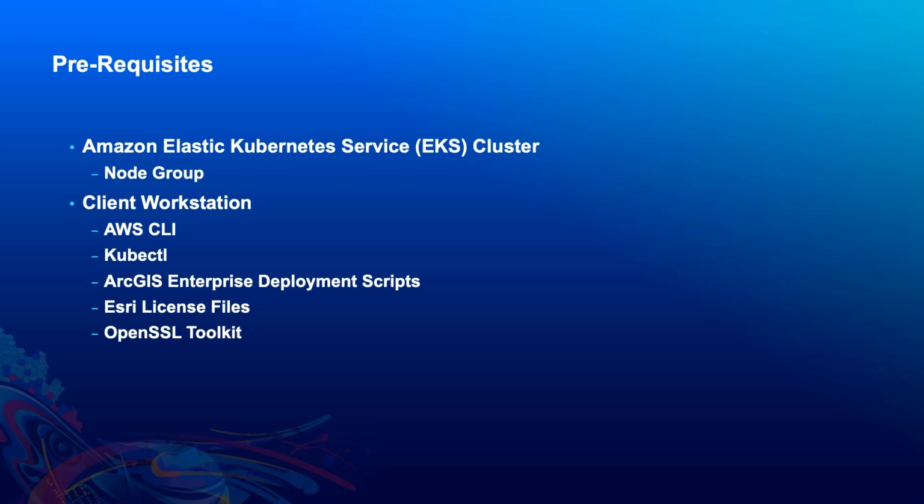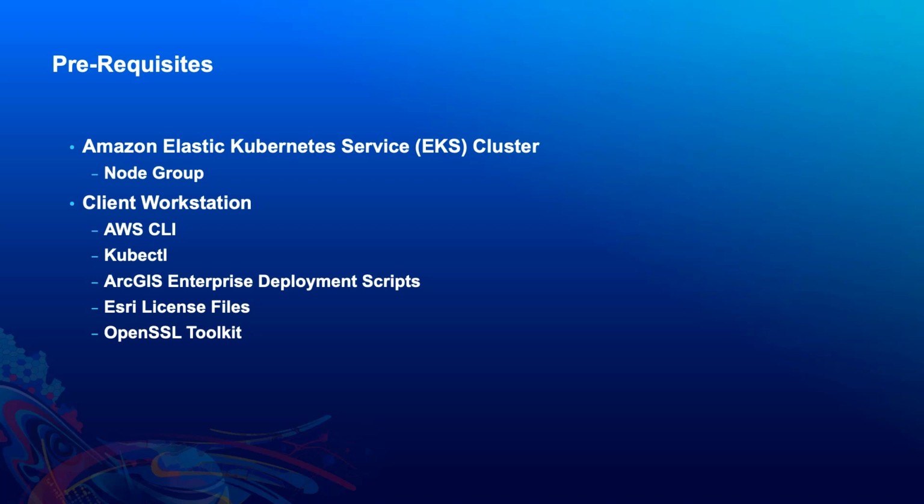Second, you'll need a client workstation with a bash shell which can connect to the EKS cluster. You'll need AWS CLI, kubectl command line utility, ArcGIS Enterprise deployment scripts, and Esri licenses on the client workstation. You'll also need access to the Esri containers hosted on Docker Hub, which will be provided by Esri, and a namespace in the EKS cluster.